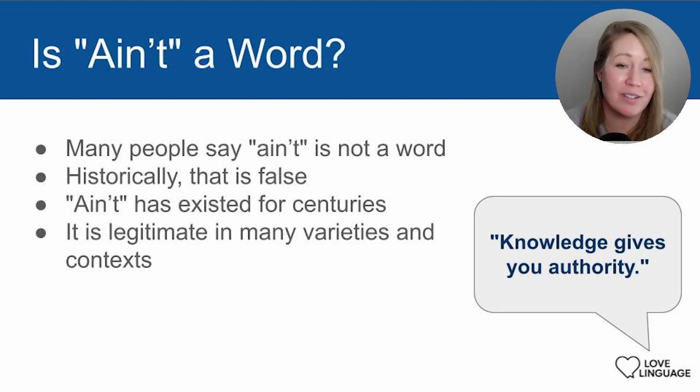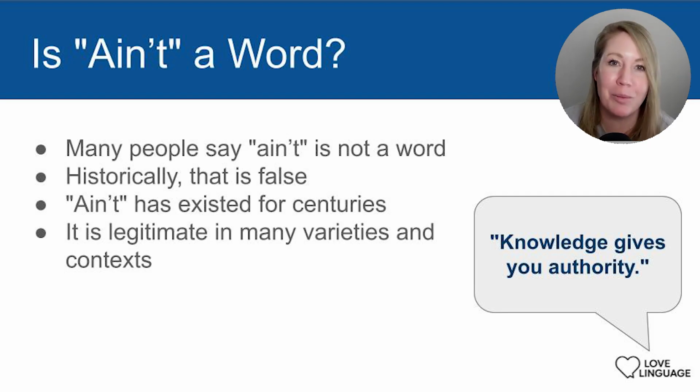It's been used in English for centuries, and it's a perfectly legitimate word in many varieties of English and in many informal contexts. So if someone tells you it's not a word, you can push back, not emotionally, but with some knowledge, right? And that's the key here. In language, knowledge gives you authority. Understanding how grammar actually works allows you to challenge incorrect claims about correctness.